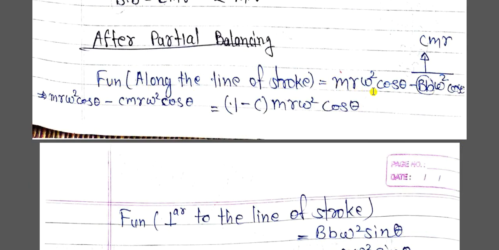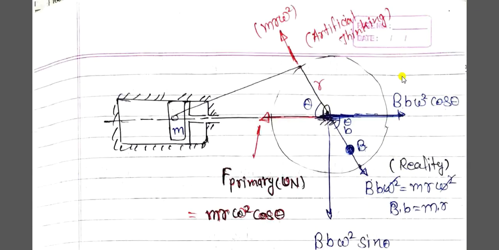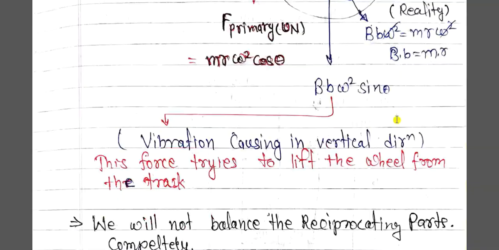It is M r omega square cos theta minus B b omega square cos theta. Earlier we thought b b was equal to M R in complete balancing, but you are not doing complete balancing, so b b is equal to C M R, and C is less than 1.